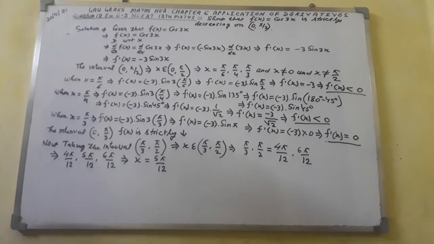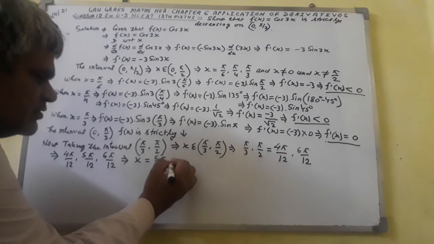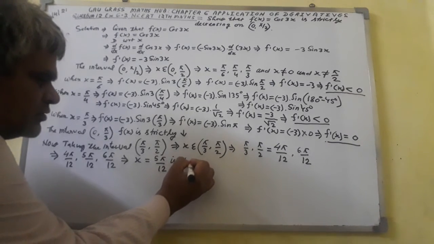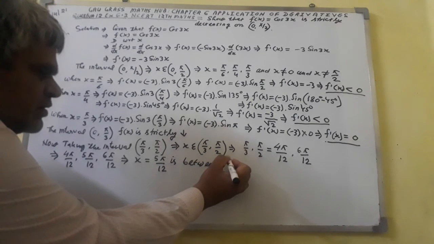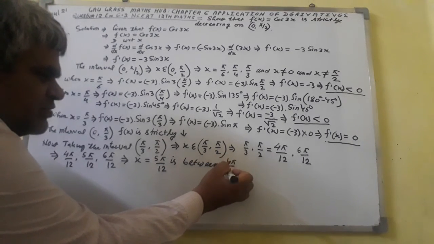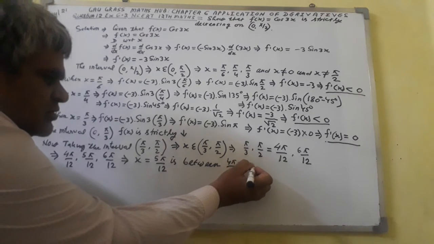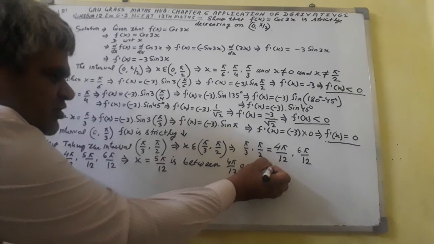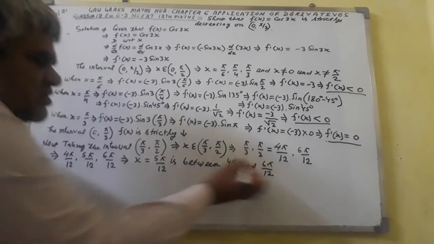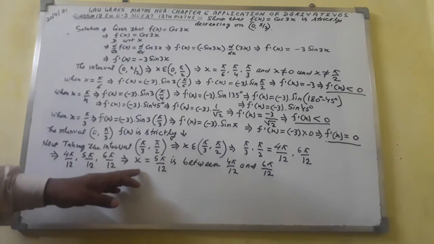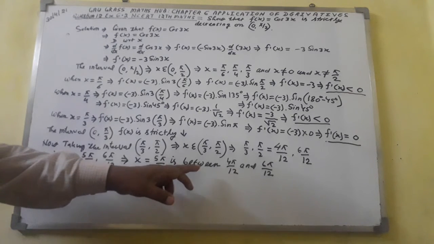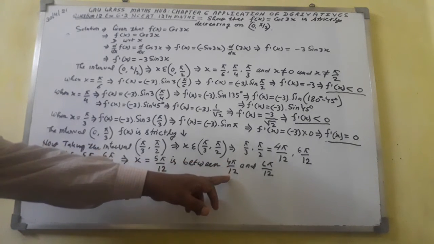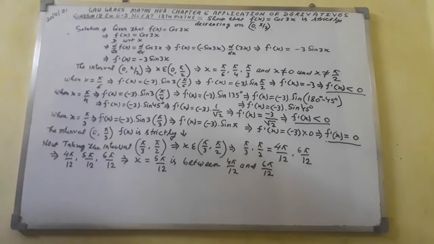This thing we have got is between 4 pi by 12 and 6 pi by 12. This thing we have got. Here x equal to 5 pi over 12 is between 4 pi over 12 and 6 pi over 12.